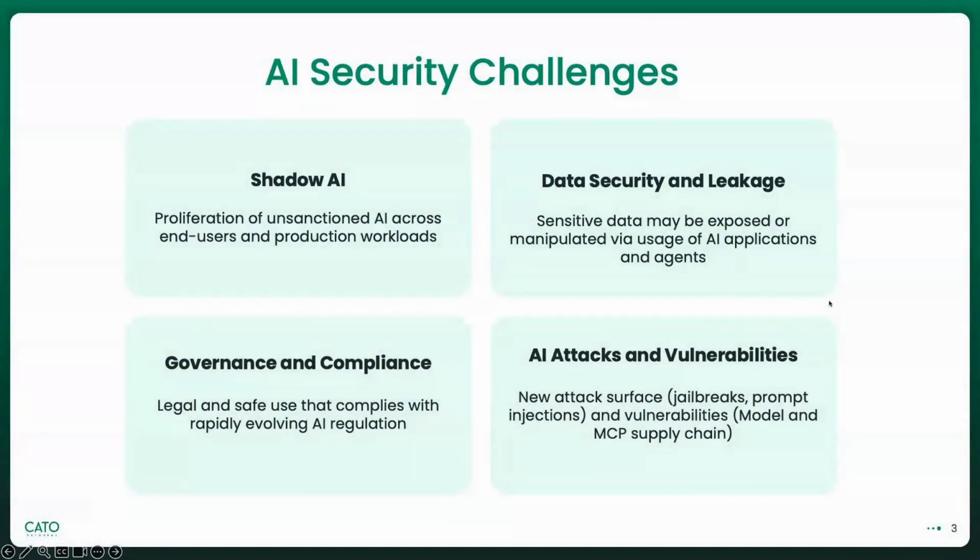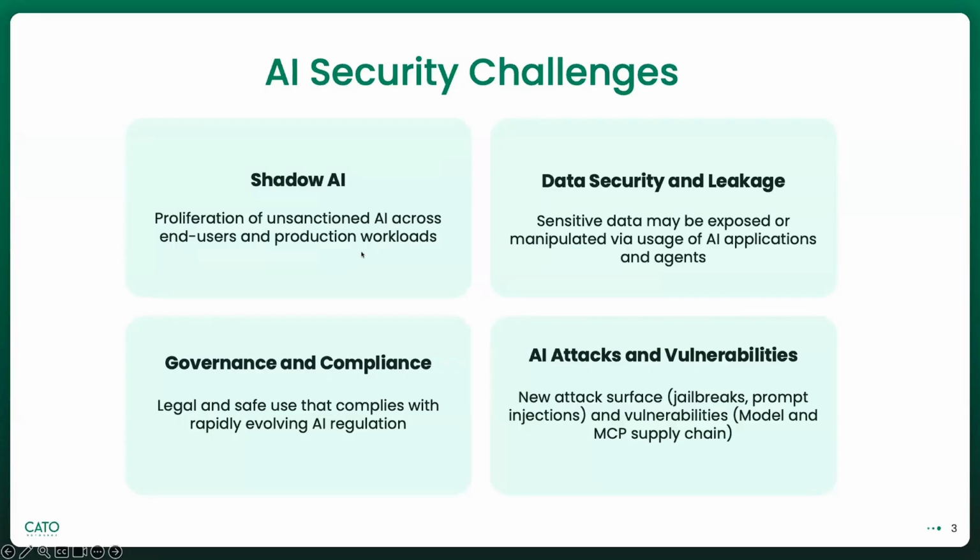When we're talking about AI security, there are a couple of challenges, or maybe even use cases, that come to mind. Some of those are very obvious, and probably you've heard about a lot of them. The obvious ones are things like shadow AI, the proliferation of unsanctioned AI tools across end users and across production workloads. Risks such as data security, data leakage, uploading sensitive data to unsanctioned applications, every IT person's nightmare, right?